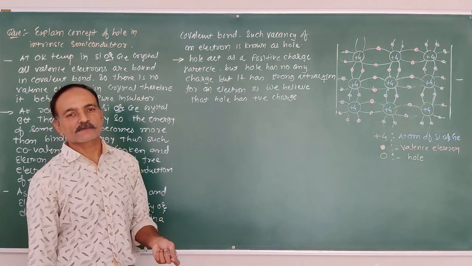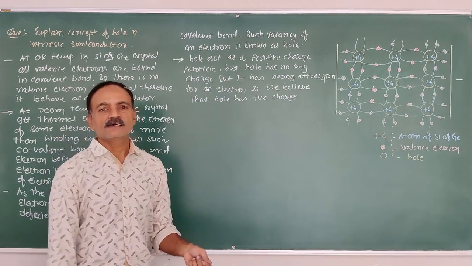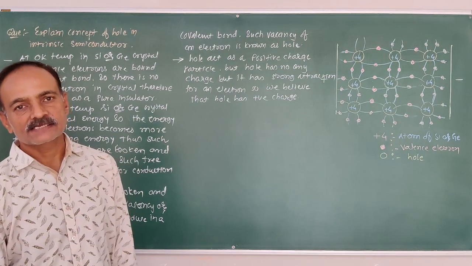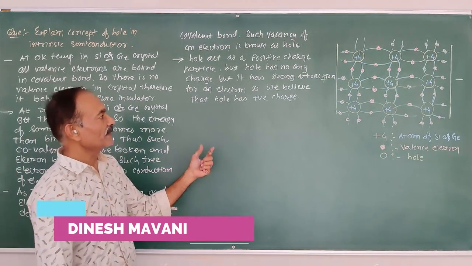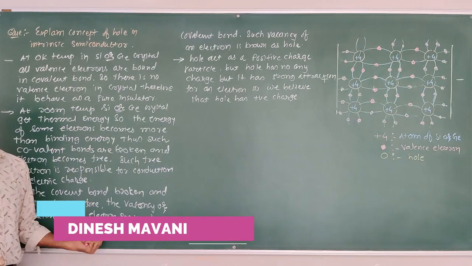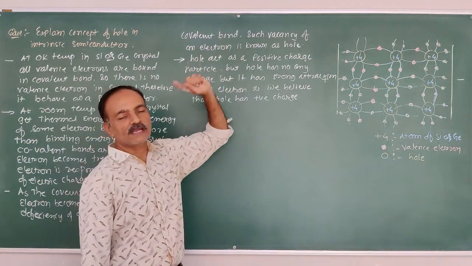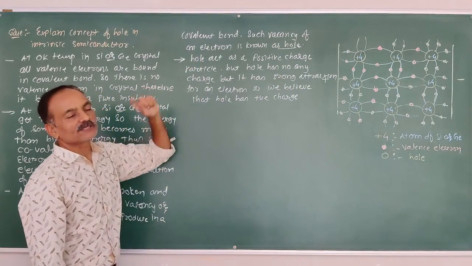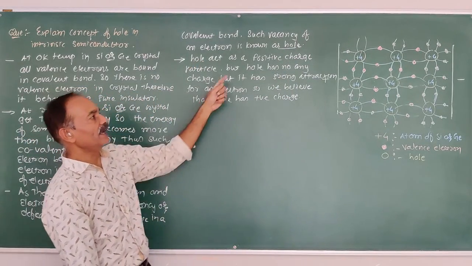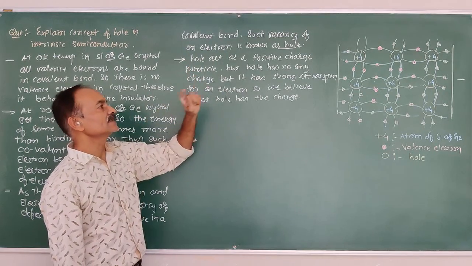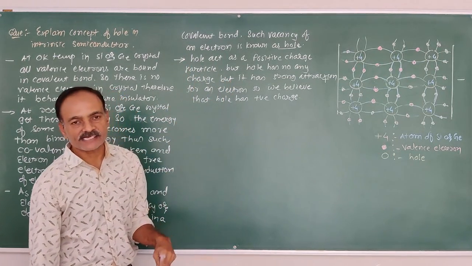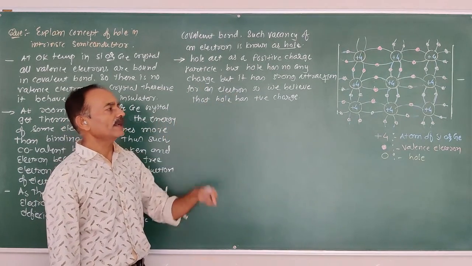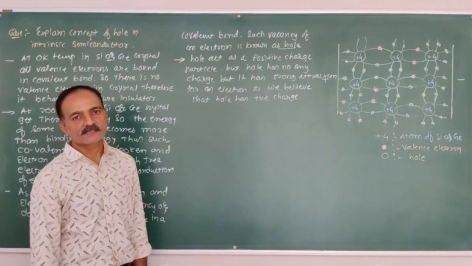So the electron becomes free, and as a result, the vacancy of an electron in a covalent bond is formed. This vacancy of an electron is known as the hole. A hole acts as a positive charged particle, but in reality, the hole has no charge, but it has a strong attraction for an electron. So we believe that the hole has positive charge.